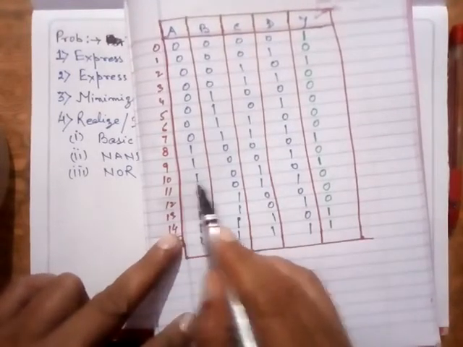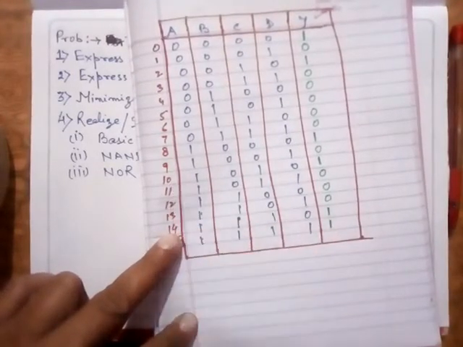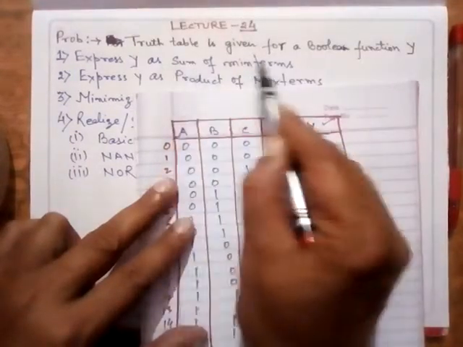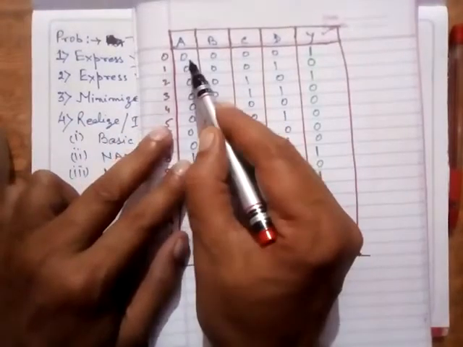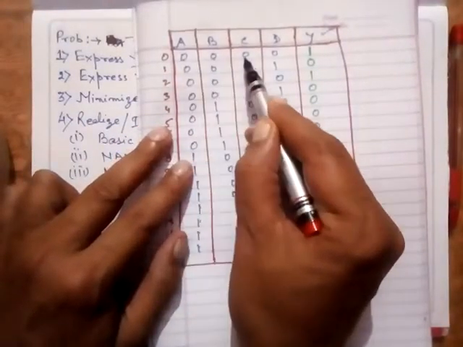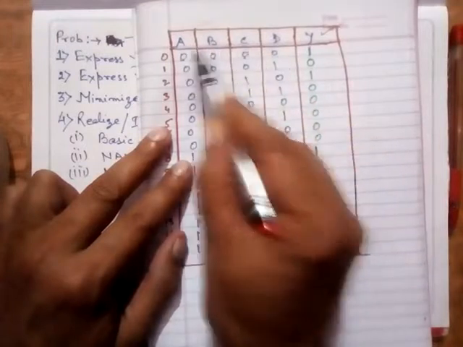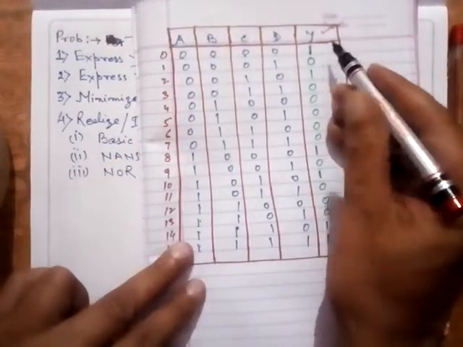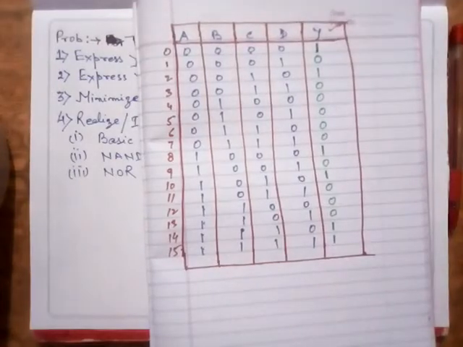Suppose this is 1010, it is 10. Now look at this. First of all, first problem is that express y as a sum of minterms. Now if I express this as minterms, it is a bar, b bar, c bar, d bar. 0 is for a bar and it is 1 here, so it is in minterms. So if you see, where are the minterms? At all the positions where you have 1.